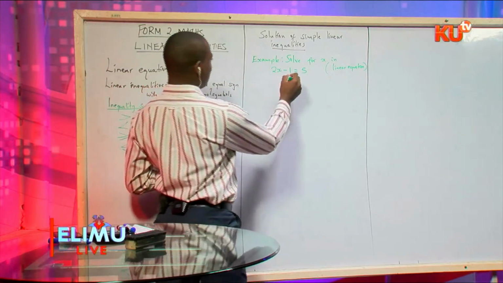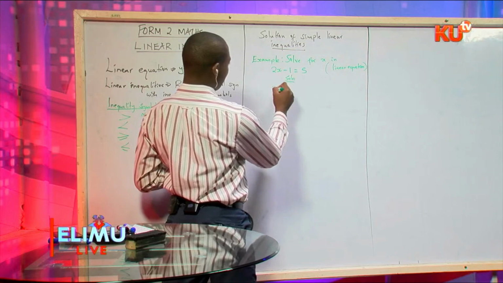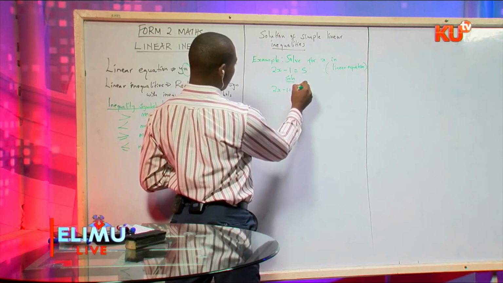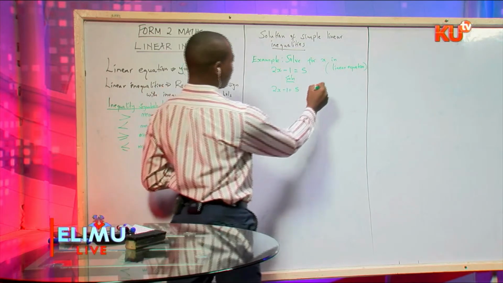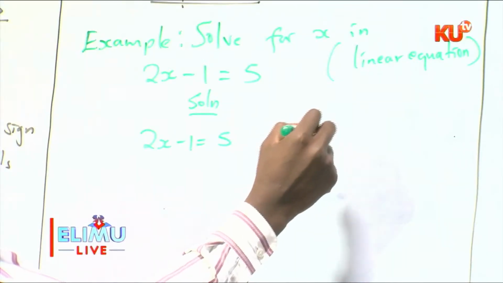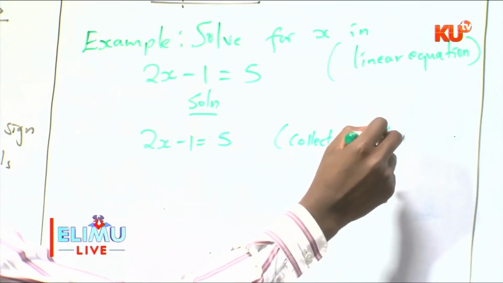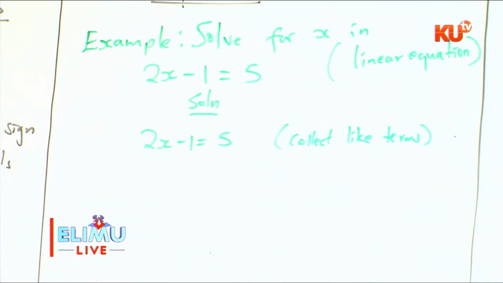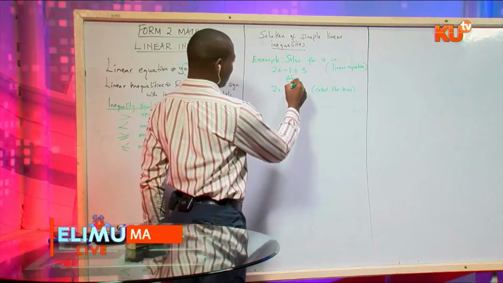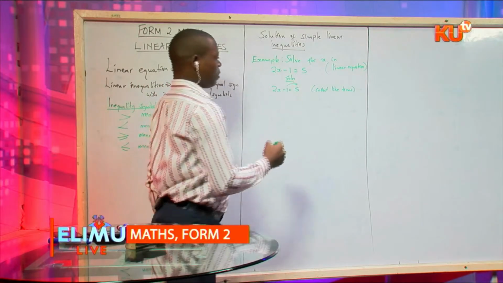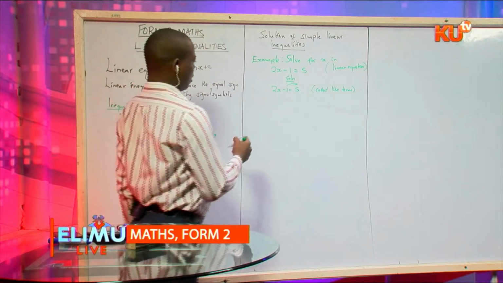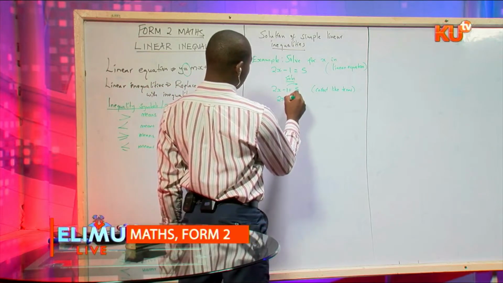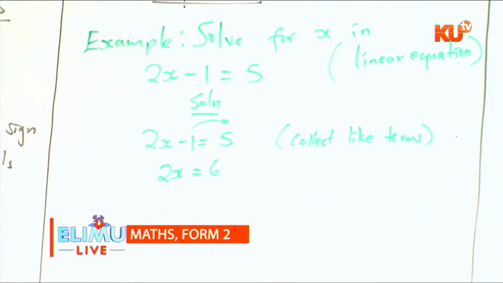We collect like terms. We take the negative 1 to the right-hand side, so it becomes positive, and then we have 2x equal to 6.